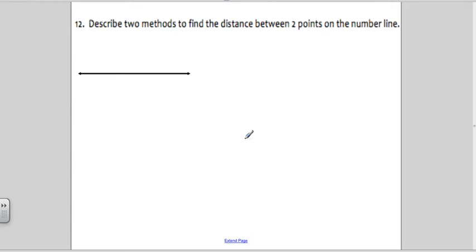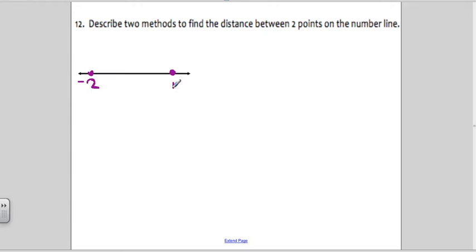All right, number 12. Describe two methods to find the distance between 2 points on the number line. If we have a number line and we have 2 points on it, what we can do is we can just count. So for example, if I have a point here and a point here, let's say this is at -2, and then at +1, I can just count the units to that point.